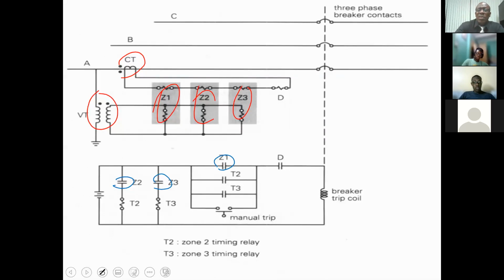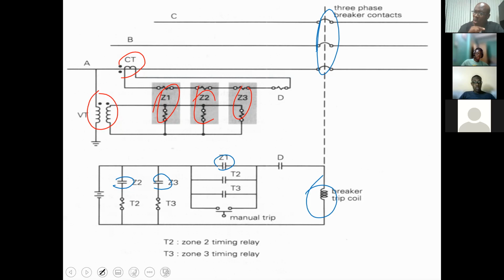It will close this circuit and energize the trip coil for your breaker, and your breaker would open its contacts and the line is disconnected. You comfortable with that?